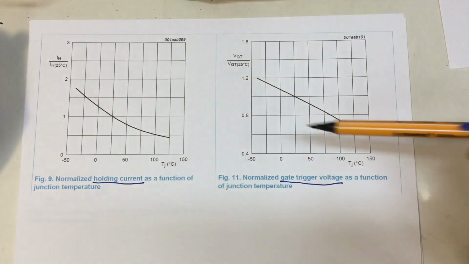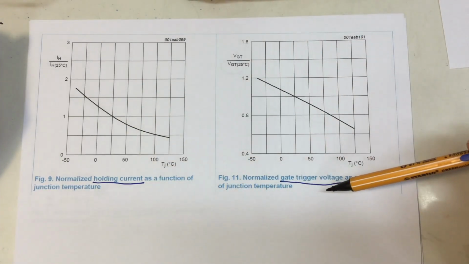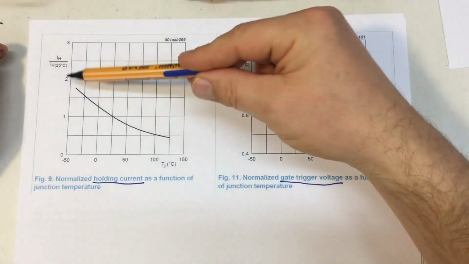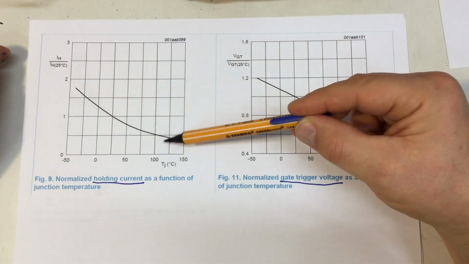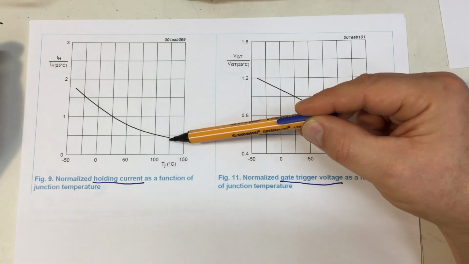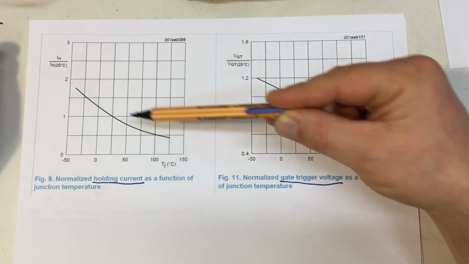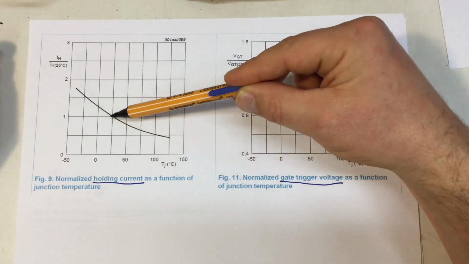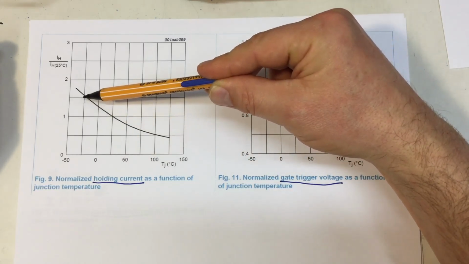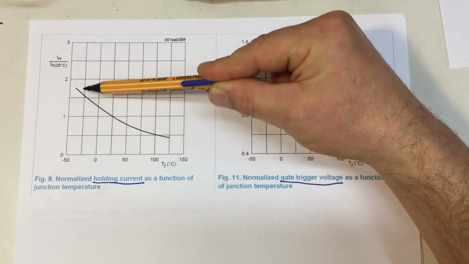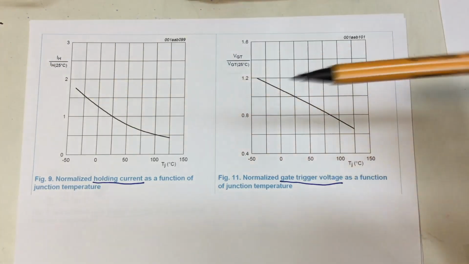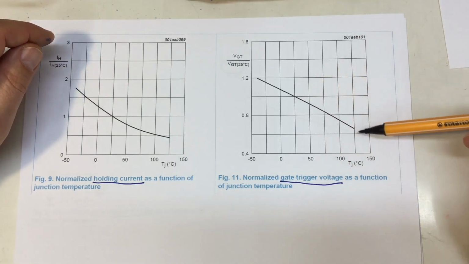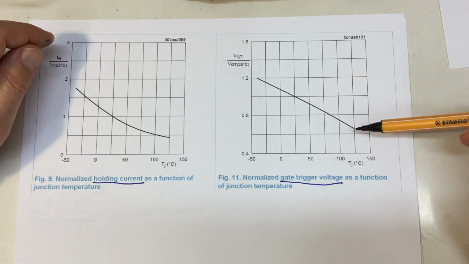And these are the figures for the holding current and the gate trigger voltage. And yeah, they basically show the same. Your holding current at 125 degrees C is about half of that at 25 degrees C and 1.5 at about minus 25 degrees C. Your gate trigger voltage also decreases when the thing gets hot.